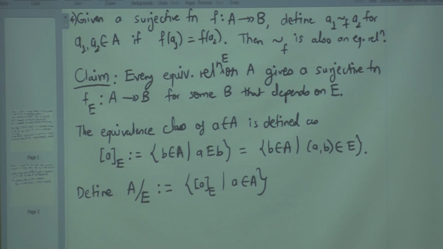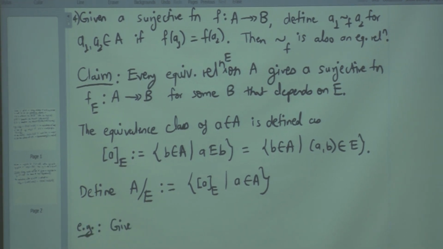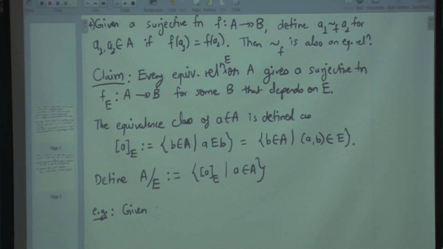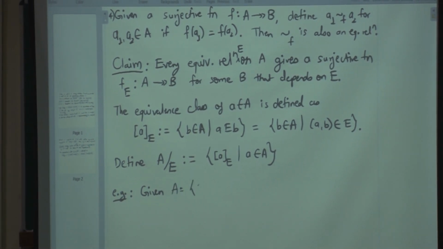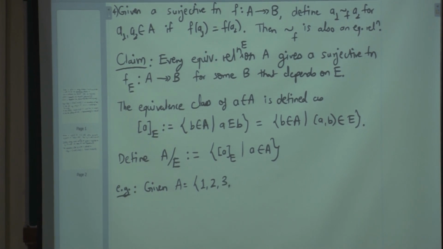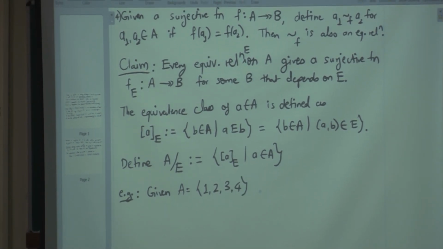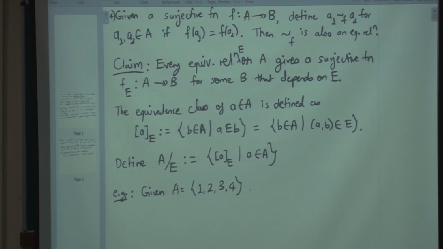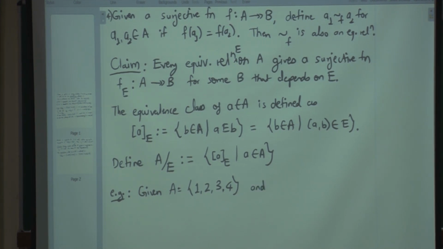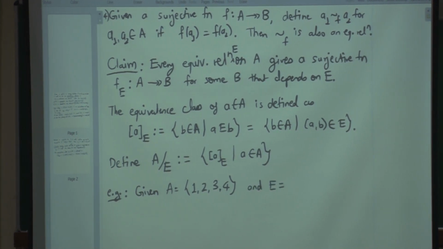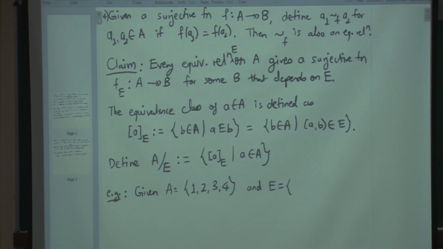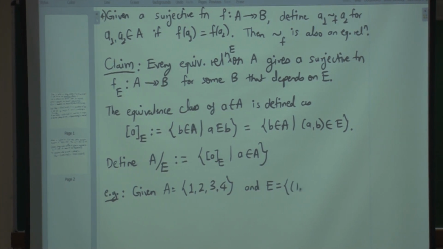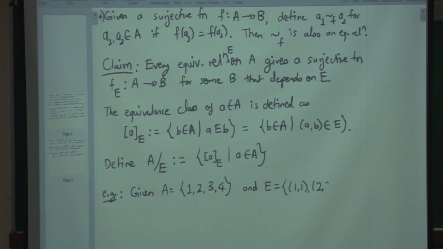So I will ask you a simple question. For example, given A equal to {1, 2, 3, 4}, and E equal to {(1,1), (2,2), (3,3), (4,4)}. Obviously, I have to put these, I don't have any option, right?